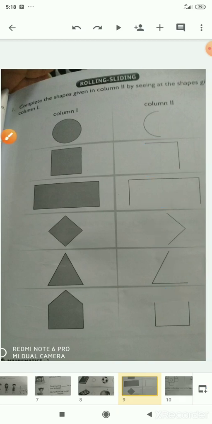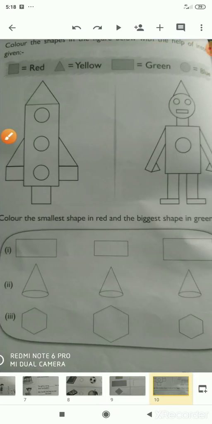Now in the next picture, page number 14, color the shapes in the figure below with the help of the instructions given. So children, here we have red for square, yellow for triangle, green for rectangle, and blue for circle.